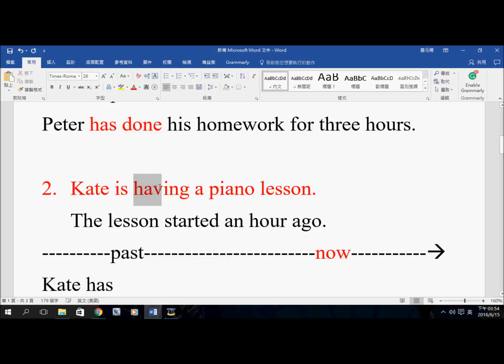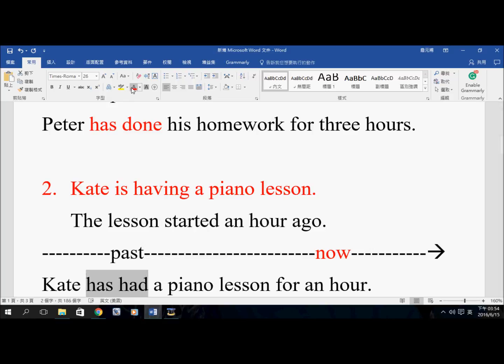Now, the past participle of the word have is had. So Kate has had a piano lesson for an hour. So this is an hour in between. So present perfect tense.